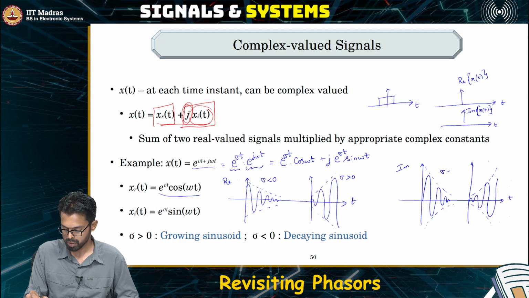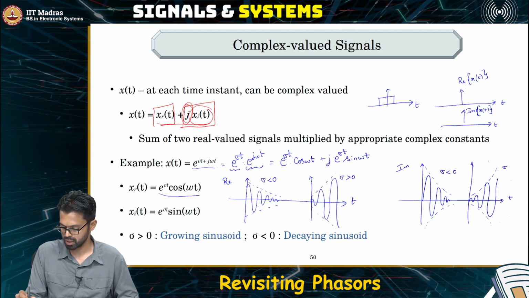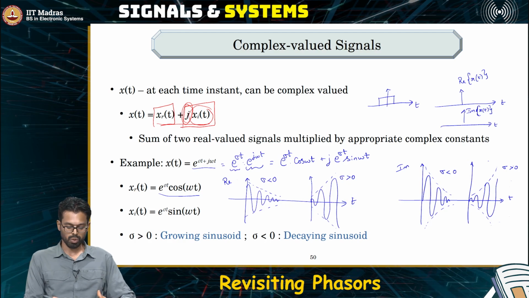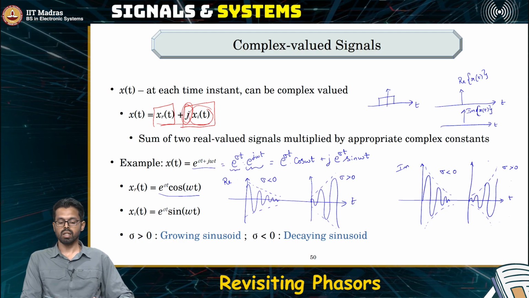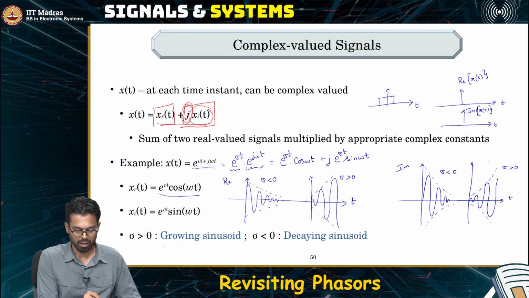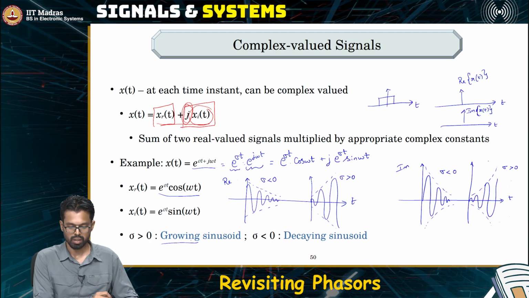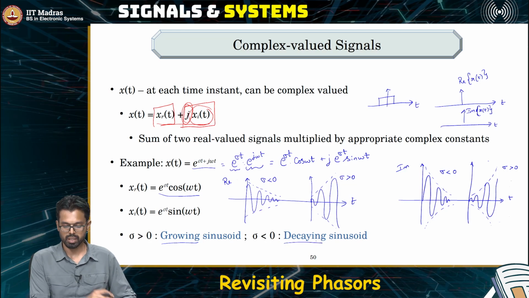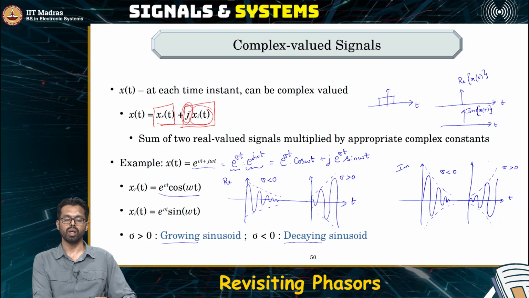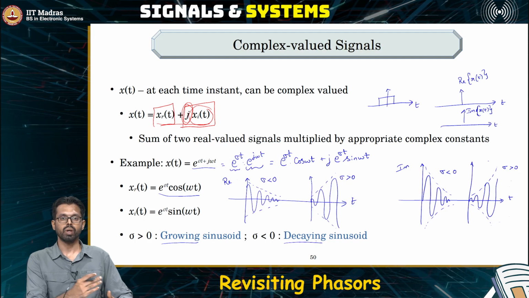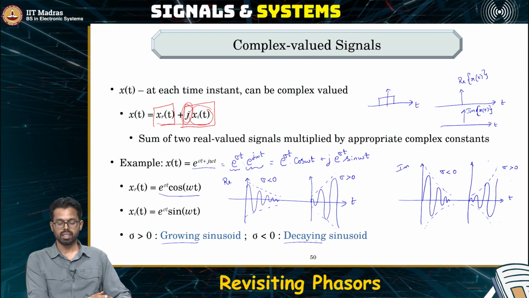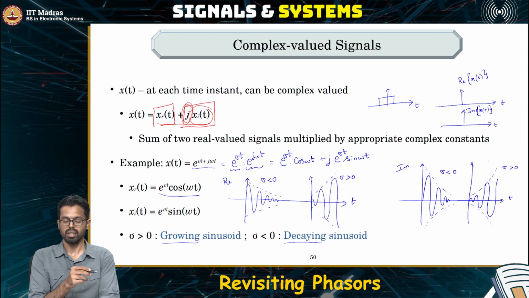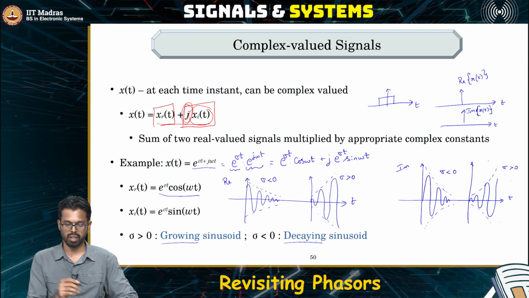This is sigma less than 0, and sigma greater than 0. This is a sinusoid, but the magnitude of the sinusoid keeps changing, and the sinusoid grows if sigma is greater than 0. The sinusoid decays if sigma is less than 0. So this is what we call a growing sinusoid or a decaying sinusoid, and the sinusoid's magnitude depends completely on the sign of the sigma that we have here.